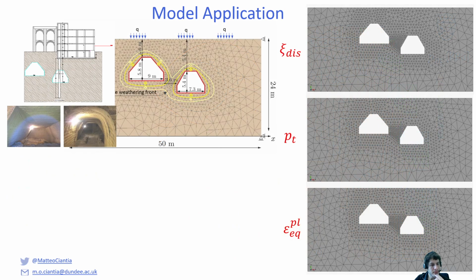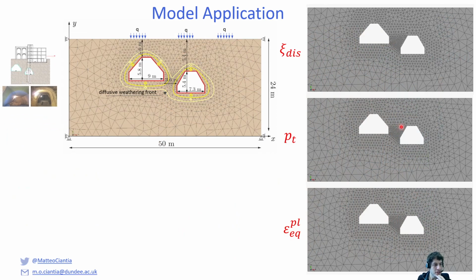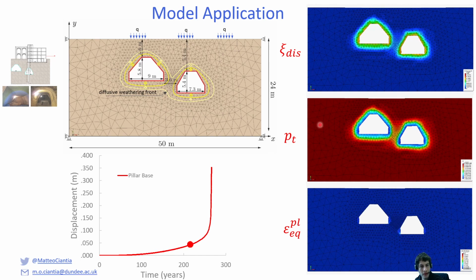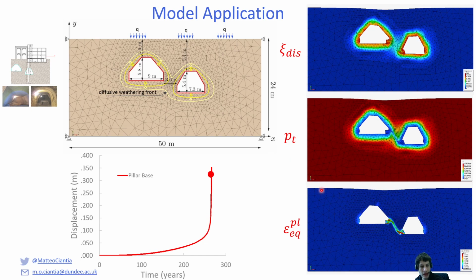And at this point, we could imagine a weathering scenario whereby we have a slightly acidic boundary condition imposed at the surface of our cavity, and this diffuses with time, damaging the rock. So we see that the rock is dissolved with time, decreasing its strength until failure is attained at the partition wall.